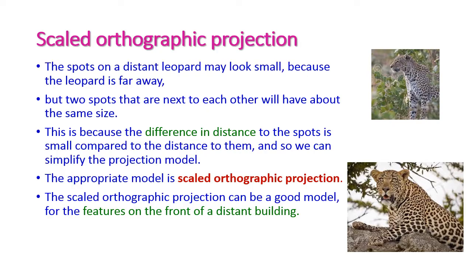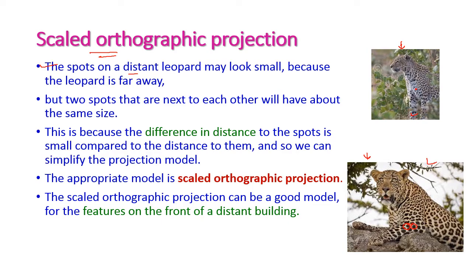Scaled orthographic projection. For this let us take these two pictures. Here the leopard is close to the camera and here the leopard is away from the camera. Here the spot on this leopard and the spot on this leopard are different. Here the spot size is very big and here the spot size is very small because of the distance. But when we take two spots on the same leopard, see these two points, these two seem very similar because these two are nearer to each other.